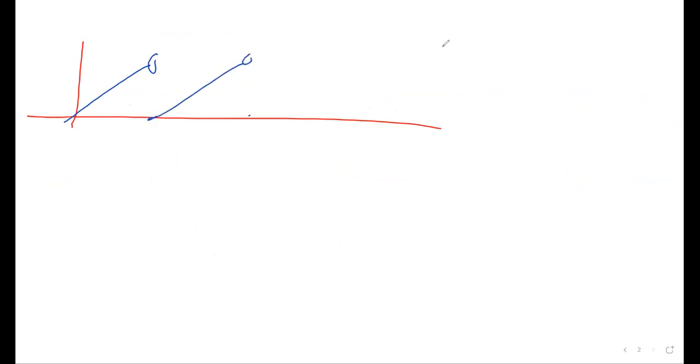So, for example, if we had a graph that looked like this. When we do the Fourier series, it's not going to distinguish between a point being up here or down here, where it's defined on the actual function.